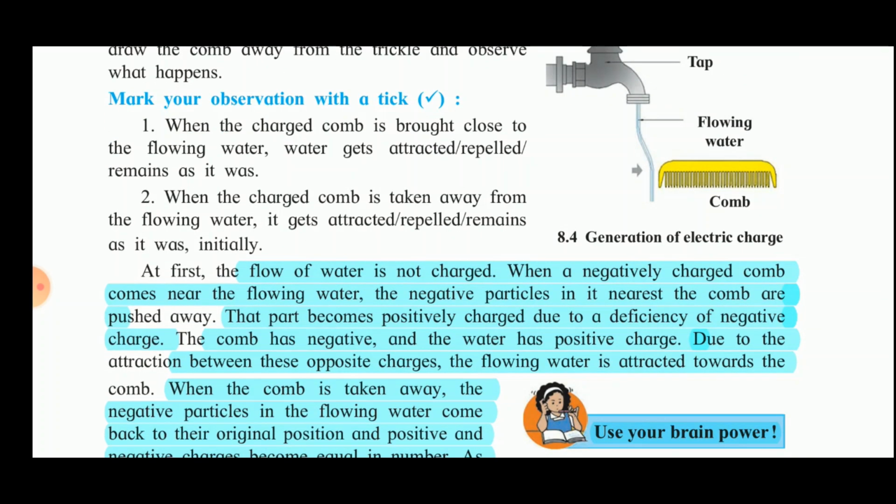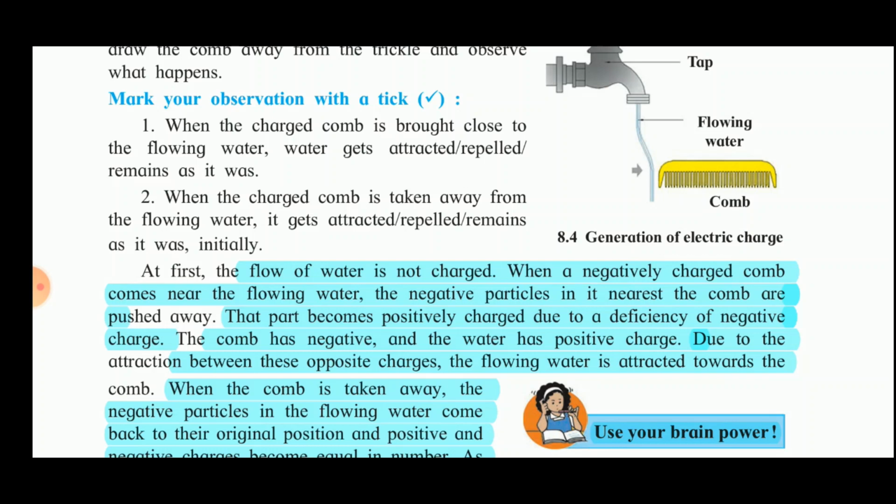At first, the flow of water is not charged. When the negatively charged comb comes near the flowing water, the negative particles in it nearest the comb are pushed away. That part becomes positively charged due to the deficiency of negative charge. The comb has negative and the water has positive charge.